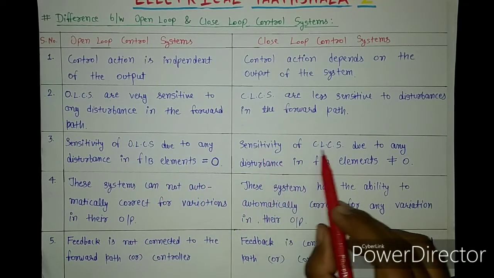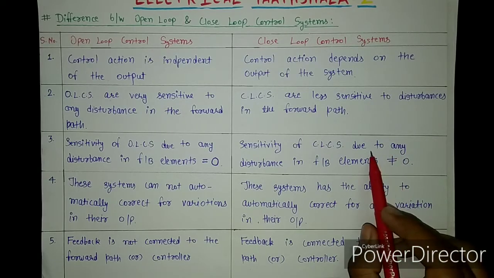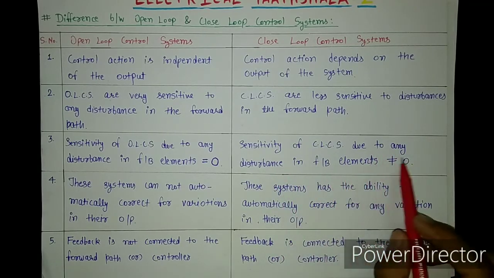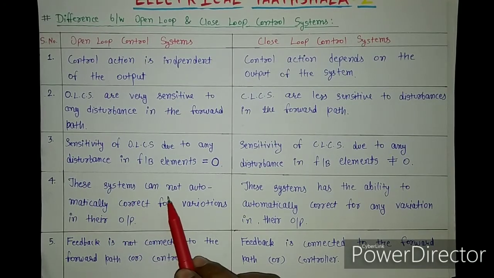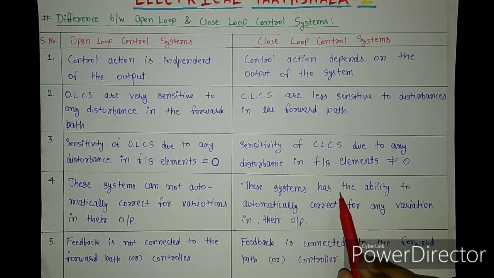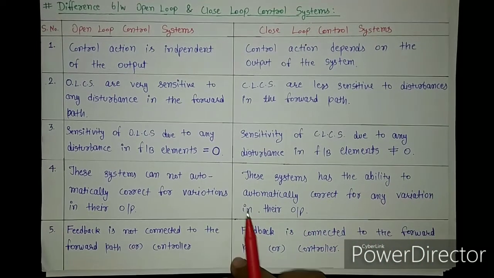But the sensitivity of a closed loop control system due to any disturbance in the feedback element is not equal to 0.